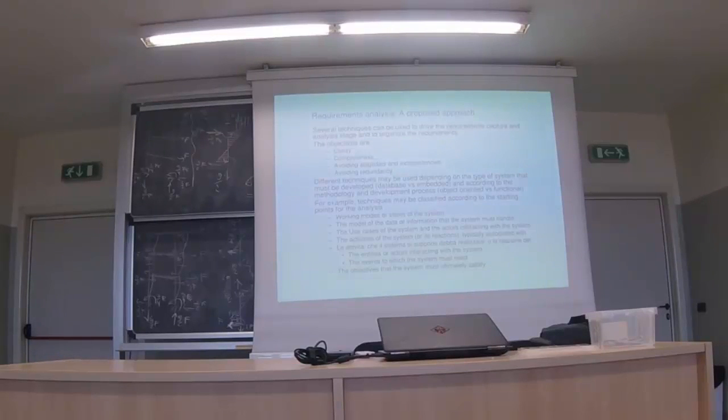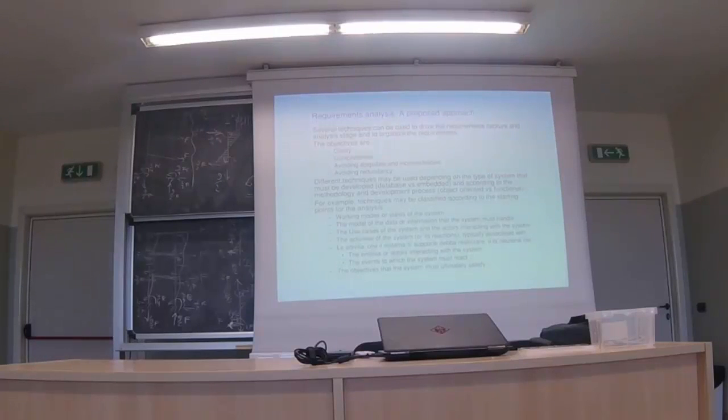We have a use case, so we know that this is what is working, so we need to change it to be more, let's say, real time or more efficient, or have more throughput or something like that. What are usually the reactions of the system? The activities that the system is supposed to accomplish, and the entities or the actors that interact with our system, and the events to which the system must react.